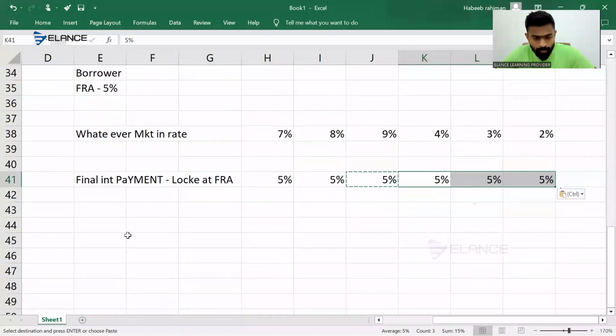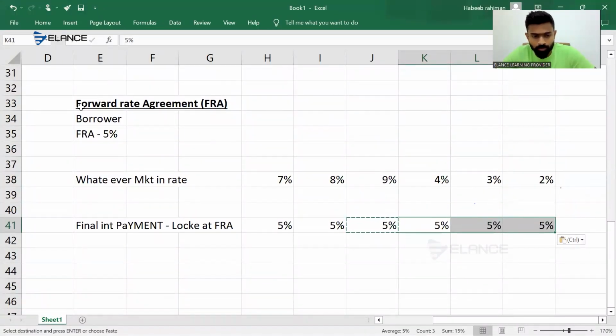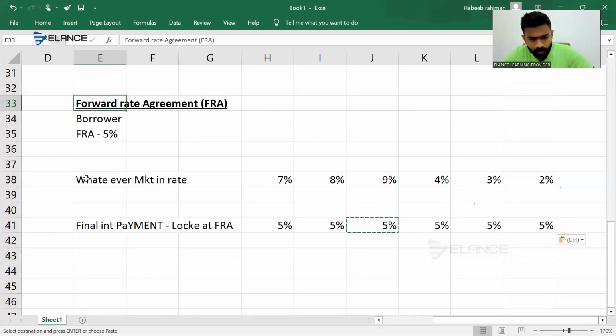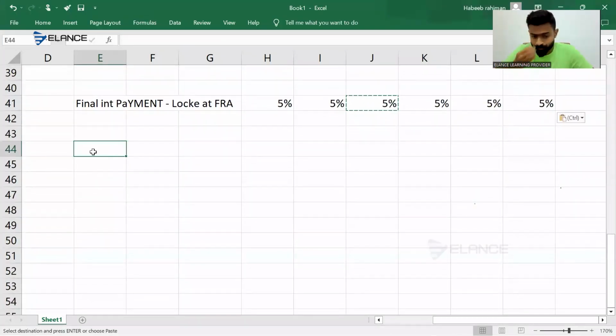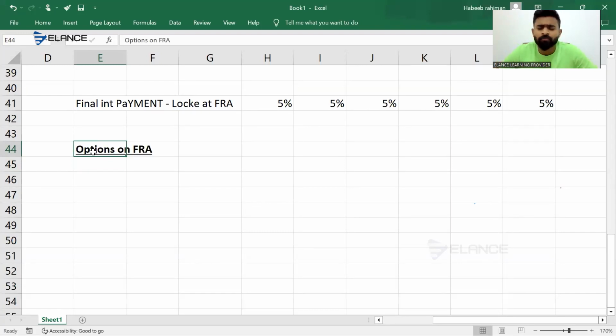Now, if we took an option on FRA, for this we have to pay a premium, right? Assume the rate guaranteed was 5%.